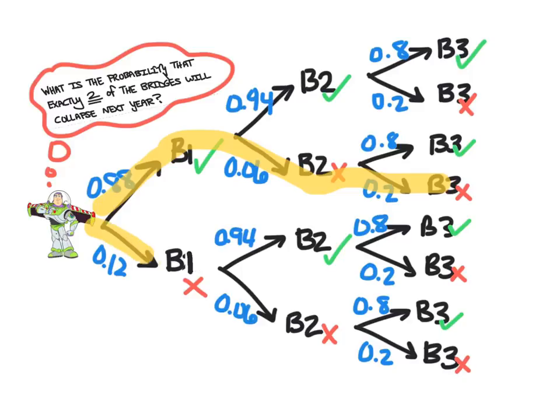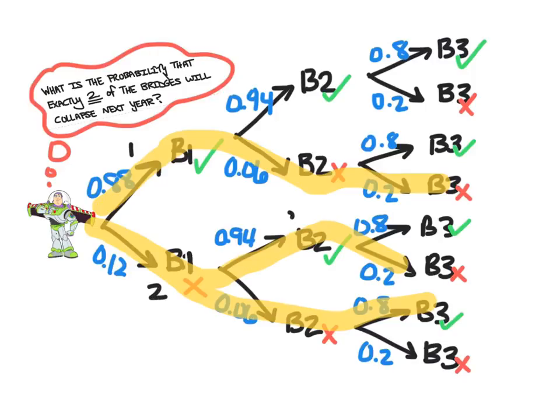I could also have Bridge 1 collapse, Bridge 2 collapse, and then Bridge 3 stay up. Or I could have Bridge 1 collapse, Bridge 2 stay up, and Bridge 3 collapse. So there's exactly three branches that I'm going to need to keep track of, and I'll label those. Here's my first branch, my second branch, and my third branch of this probability tree.